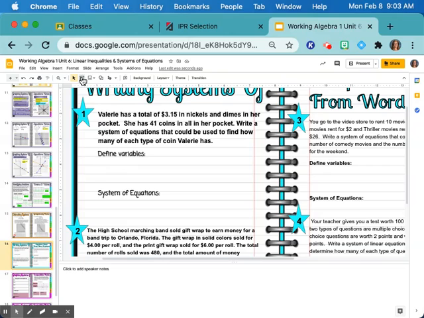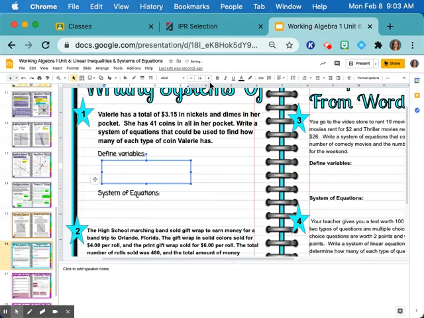So get a text box, and we need to define the variables. The variables would be found at the end where it's asking what you're trying to find. So it says how many of each type of coin.